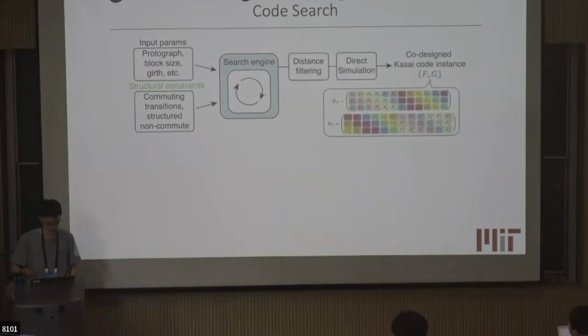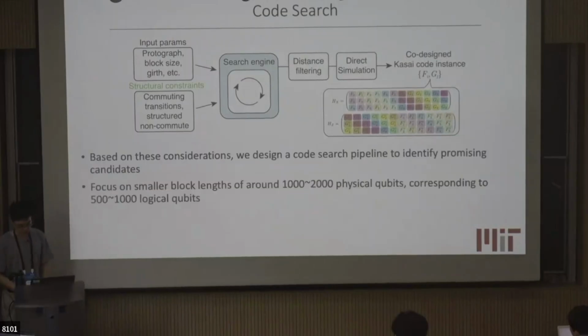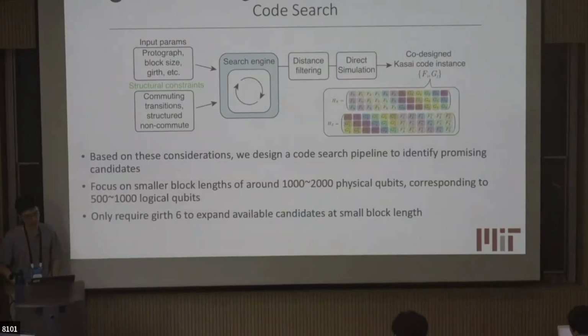So with these types of constraints, we can then put it into a standard search procedure where we take some protographs, block sizes, girth constraints. We have a girth search with girth 6. And then we impose these structural constraints.